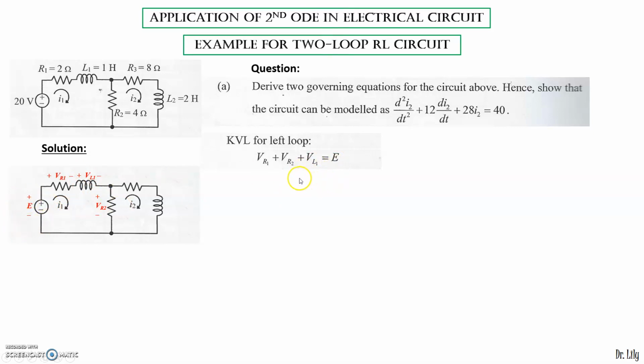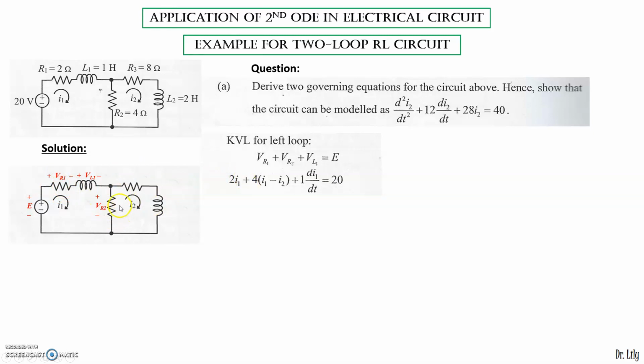After that, we can substitute the formula for each of the elements. We apply Ohm's law, VR equals IR. For R1, R is equal to 2 ohm and the mesh current is I1, so you have 2 I1.